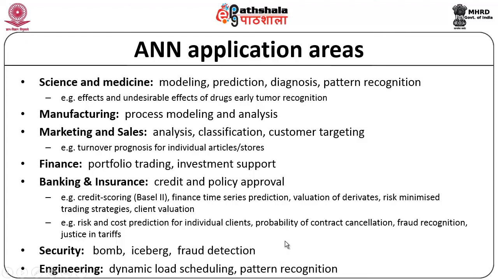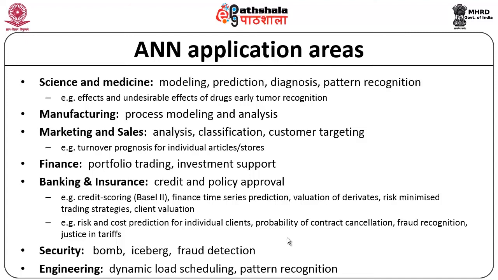Secondly, in manufacturing, process modeling and analysis is one domain where neural networks are widely used, and optimization is widely done. Marketing and sales is another well known domain where neural networks are adopted for analyzing, classifying and identifying targeted customers.